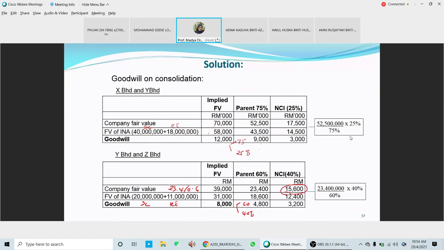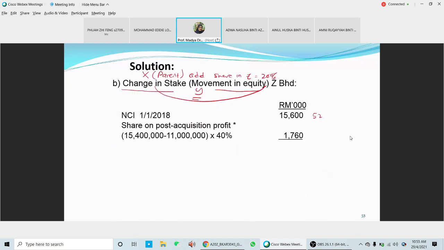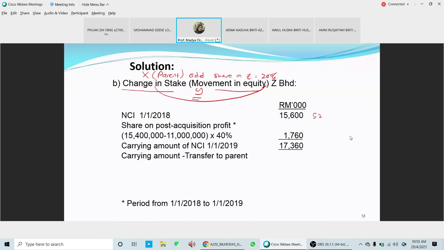So the value for the NCI here is 15,600. So 15,600 is the NCI on 1st of January 2018. In that NCI, we need to add the share of profit. The share of profit is from your RE brought forward minus the RE at acquisition, to find the change in post-acquisition profit.